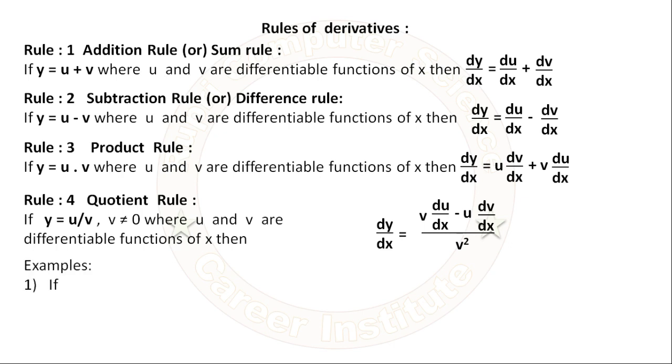Example 1. If y is equal to x raised to 7 plus log x, find dy upon dx. Solution. Differentiate with respect to x.